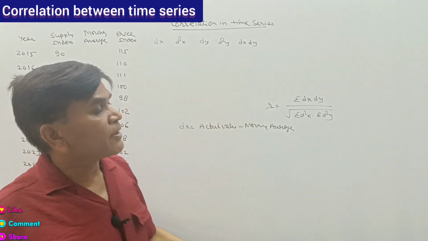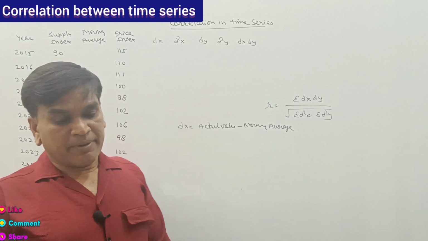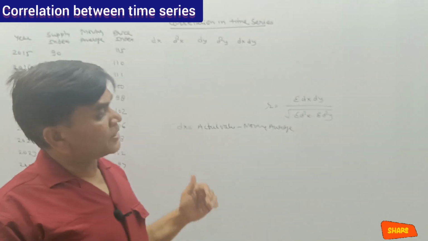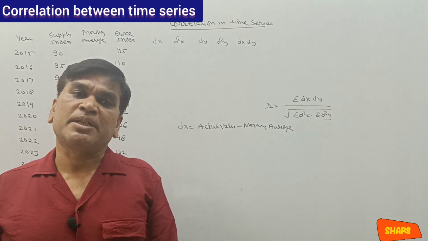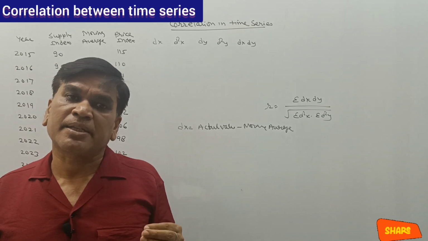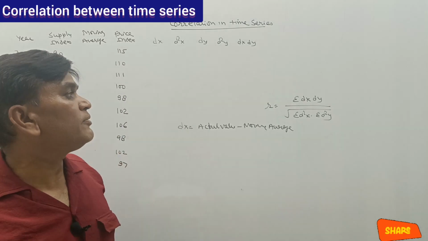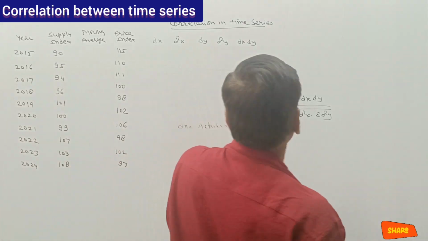Then with the help of the formula r is equal to sigma dx dy divided by the square root of sigma d square x and sigma d square y, we can very easily get the correlation between time series. It's a new topic, so generally we do not discuss this topic.